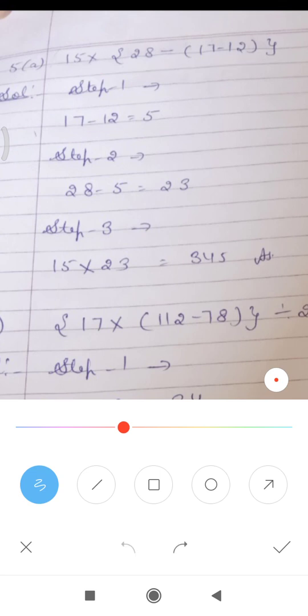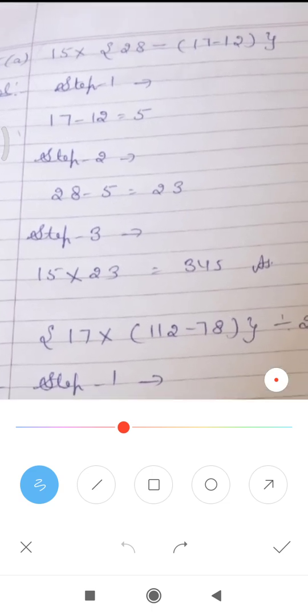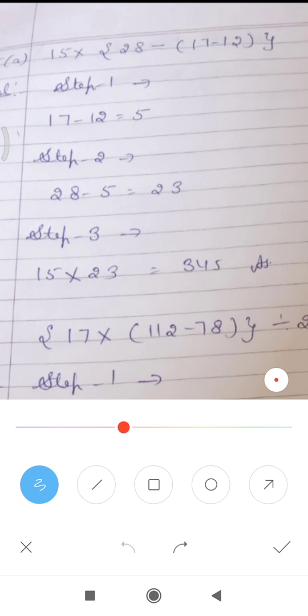First what will we solve? First we will solve the small bracket. What is the number given in the small bracket? First 17, then 12. 17 minus 12 is equal to 5. In step 1, 17 minus 12 is equal to 5.